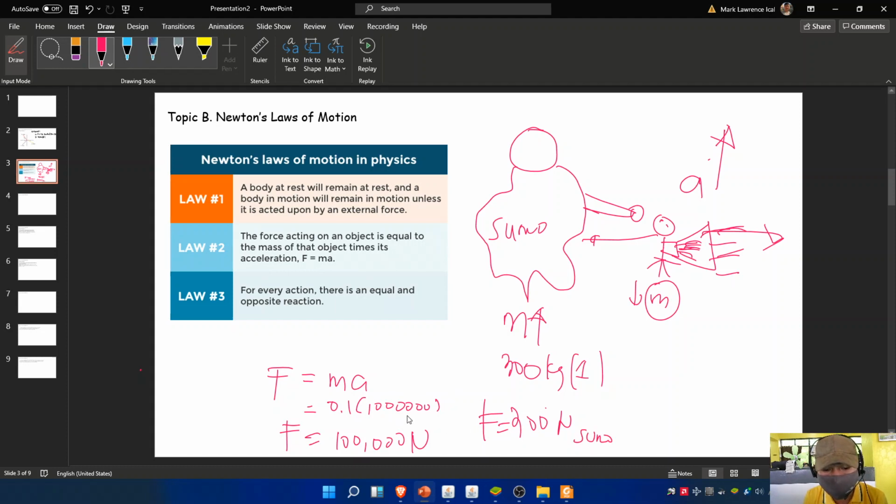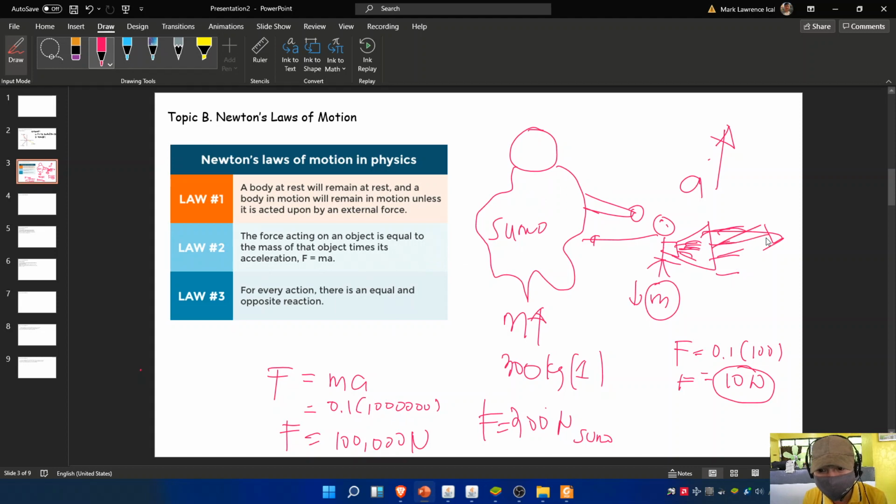Kung dati, ang mass ko ay 0.1 tapos acceleration ko lang ay 100, magiging 10 lang ito newtons. Ibig sabihin, hindi ko kayang patumbahin si sumo wrestler kasi nga 300 newton pala siya. So, hindi ko siya mapapatumba.